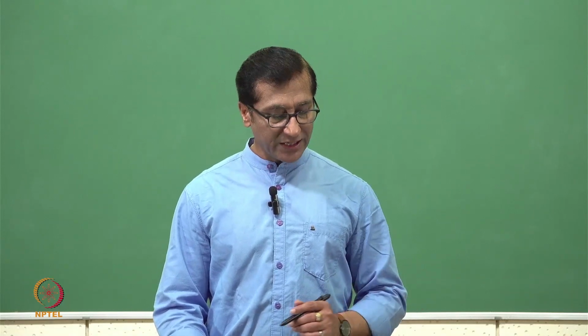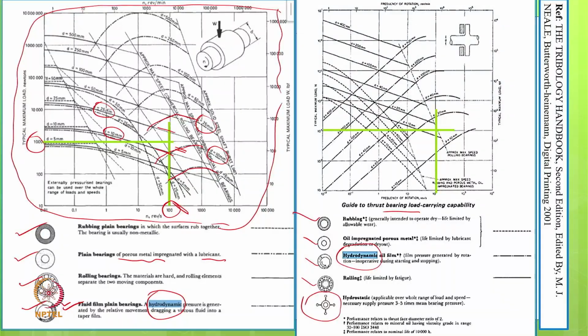If we do a similar exercise for the next curve, that is the thrust bearing curve, you can see here again we are choosing 6000 RPM, and here we are choosing 1000 Newton load. And what we get is that the diameter for the rolling element bearing varies from 10 mm to 20 mm. And for the hydrodynamic bearing, in this situation, it also varies in this manner.